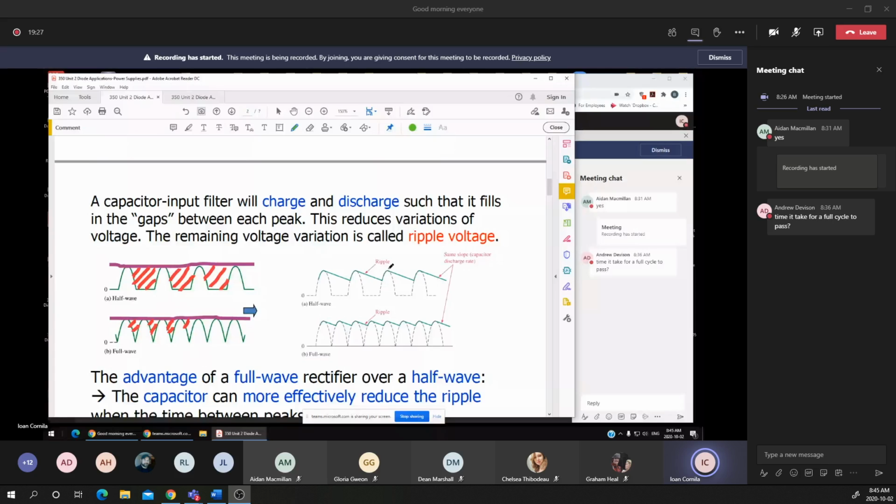In this diagram, the lowest value is 0 and the maximum voltage is VP. That's the maximum ripple, the output voltage of the unfiltered half-wave rectifier.